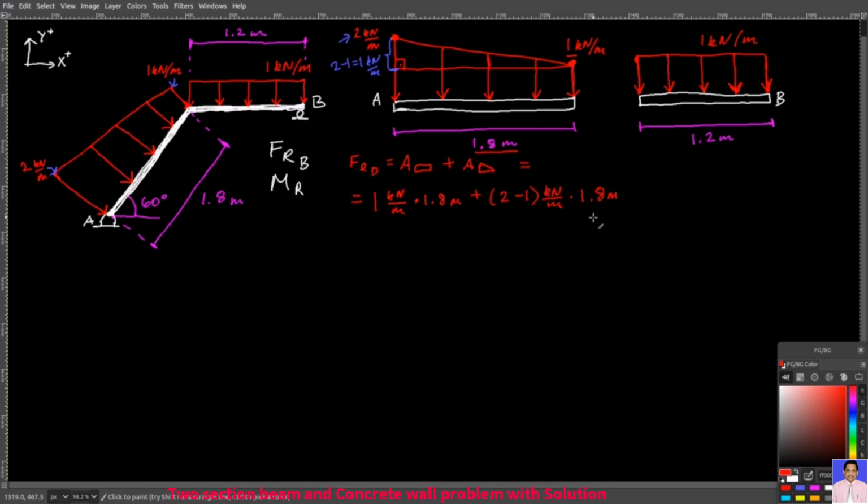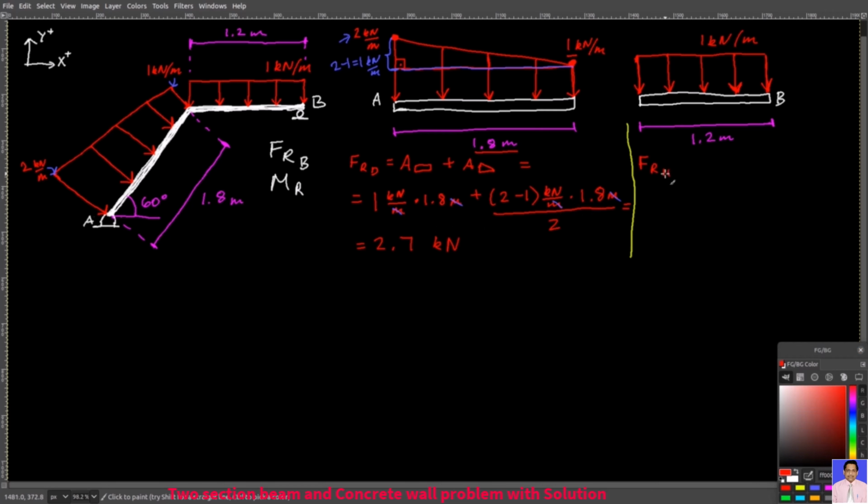Then times 1.8 meters, so it's this length here. But right now, you also get the rectangle. In order to get the right triangle, you have to divide it by 2. And then all that equals 2.7 kilonewtons. That's the entire area of this trapezoid. You can see why you end up with kilonewtons. Your meters get cancelled out here and also here, so you are simply left with kilonewtons.